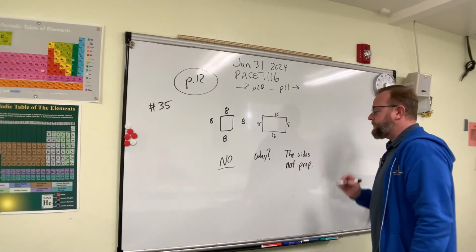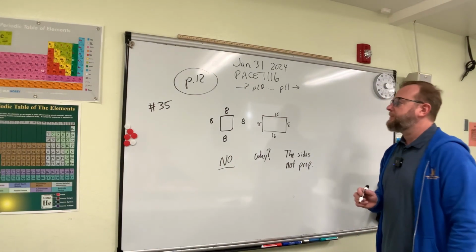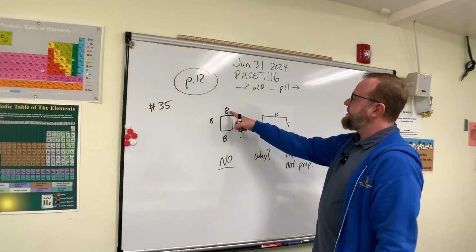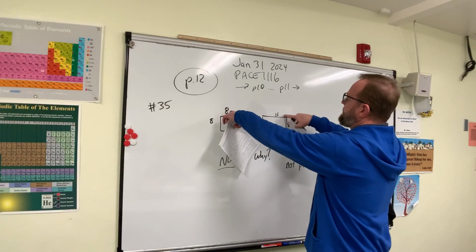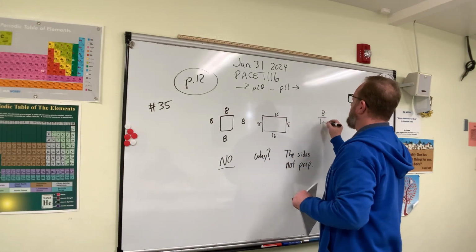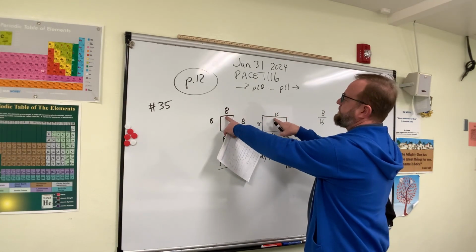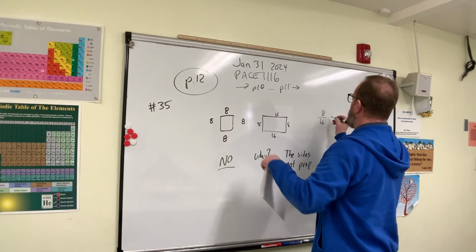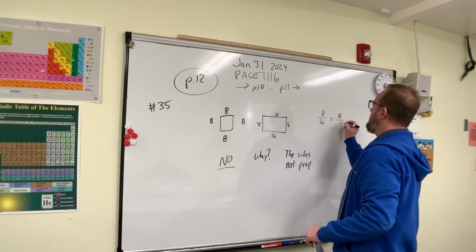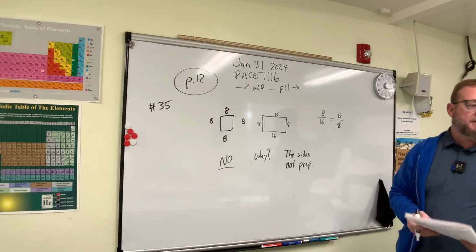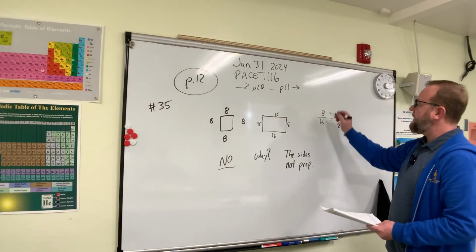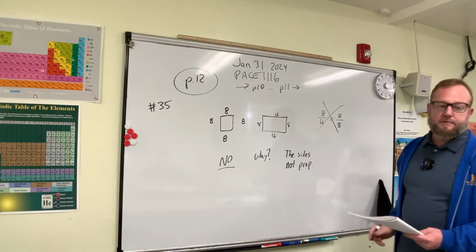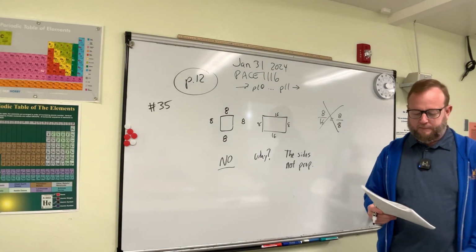The sides are not proportional. If I set this up as a proportion, 8 over 16, for example, and then I chose this side to do next, equals 8 over 8, doesn't work, not a proportion. Since that's not a proportion, these are not similar polygons.